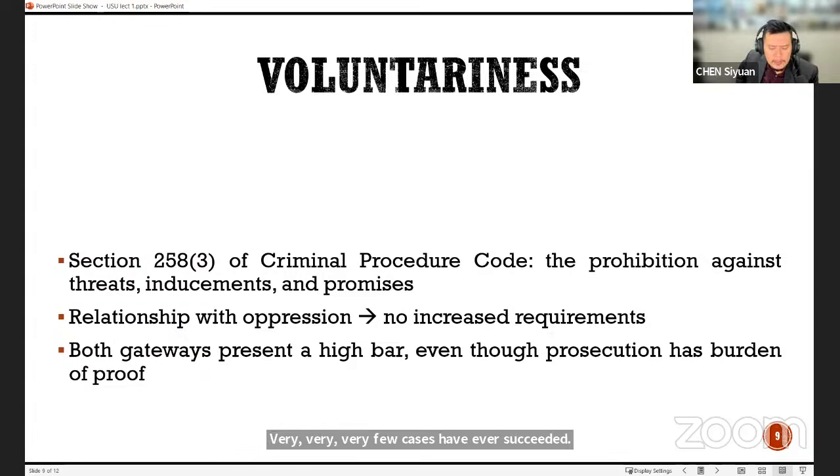In Singapore, it is expected that when an accused person is interrogated by the police for the purposes of taking a statement or a confession, the accused will suffer some discomfort. We probably will not go as far as torturing the accused, but we will create discomfort. That's what the cases say.